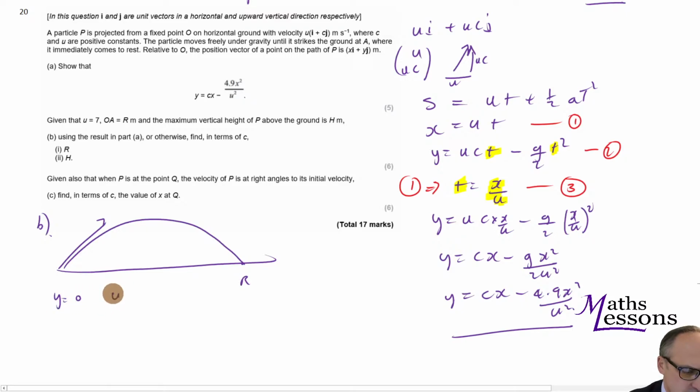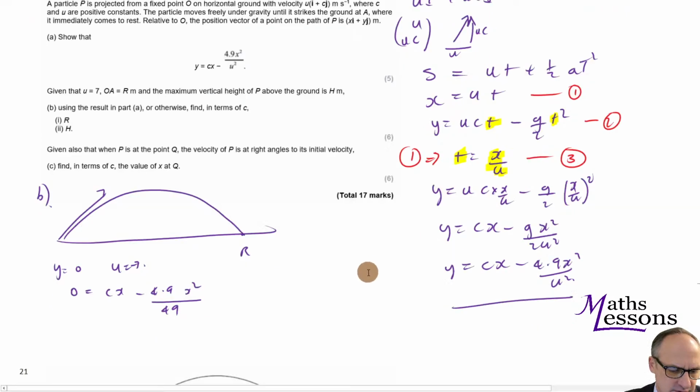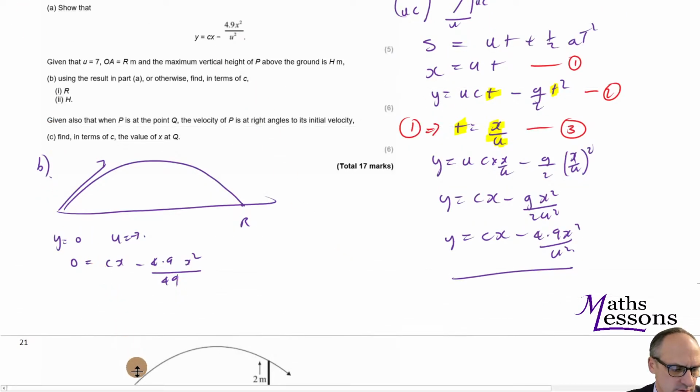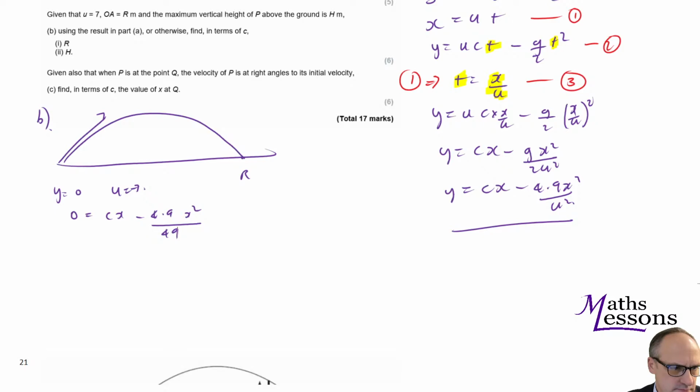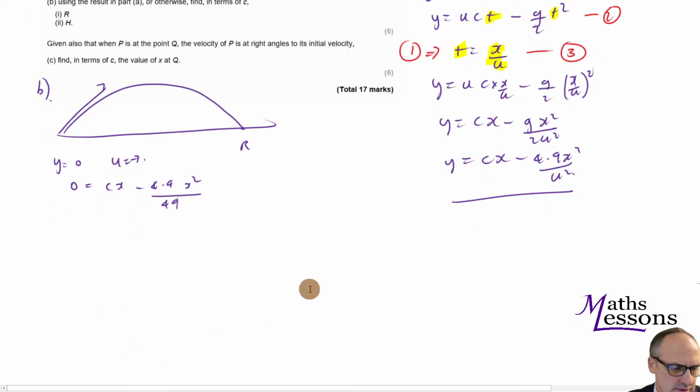We also know that u equals 7 in this case. So we put that into our equation: 0 equals cx minus 4.9x squared over u squared, which is 49. Let's rearrange that and multiply through by 10 to make life easier, as I'm not a big fan of fractions.